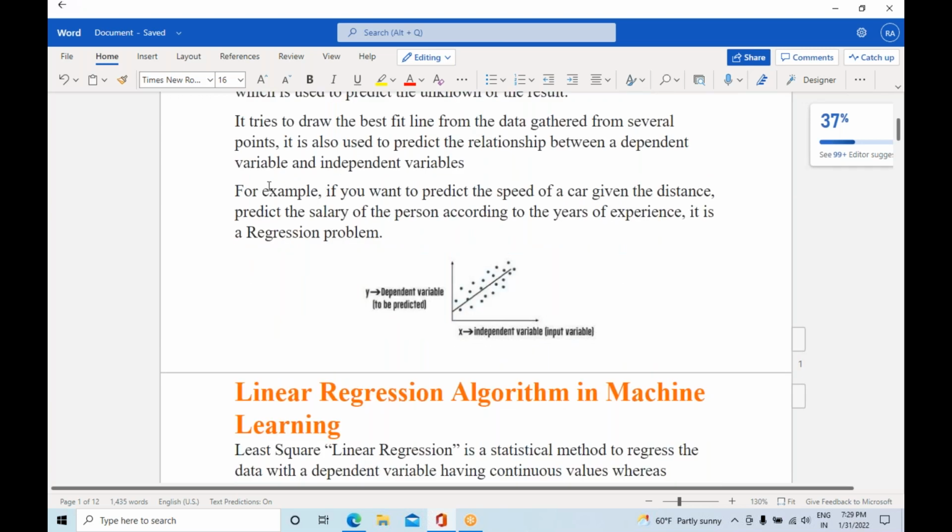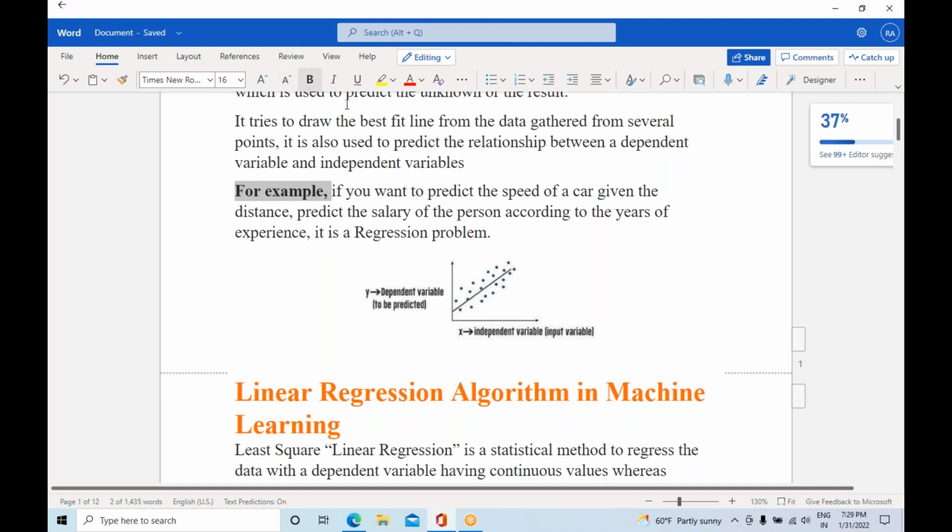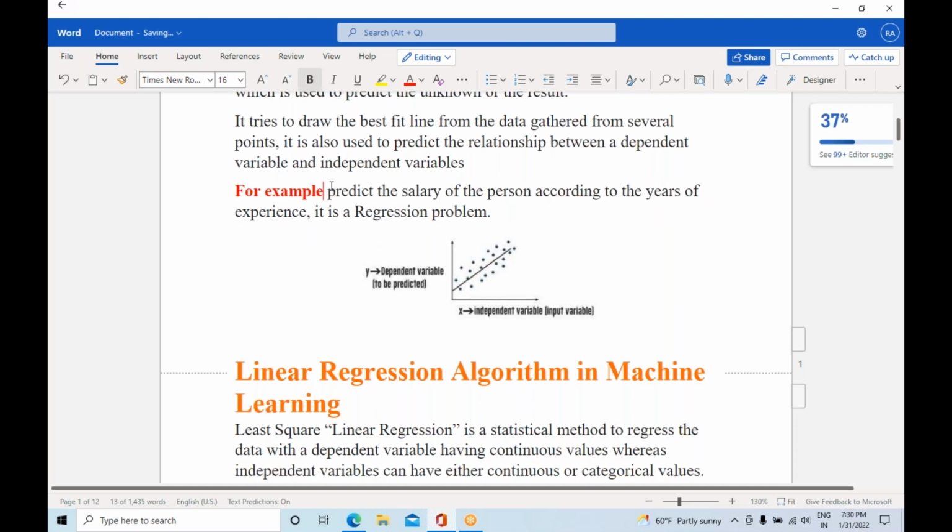For example, if you have to predict the speed of a car given a distance, you have some distance and the speed for it. Another is to predict the salary of a person according to the number of years of experience. You can use different kinds of examples. That's not a big issue. That's a known thing only.